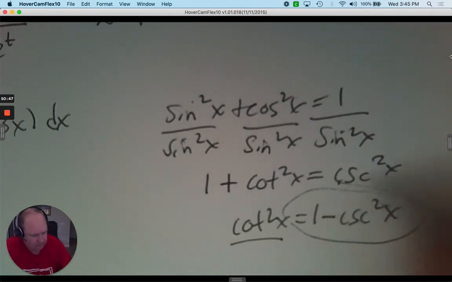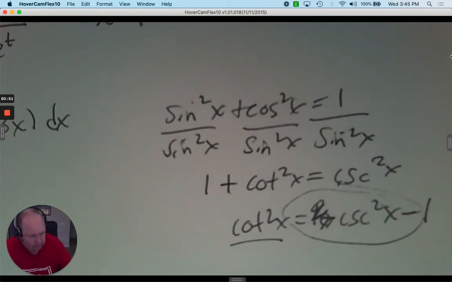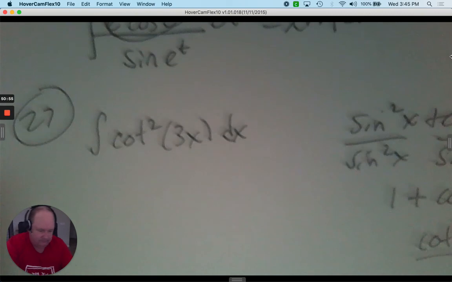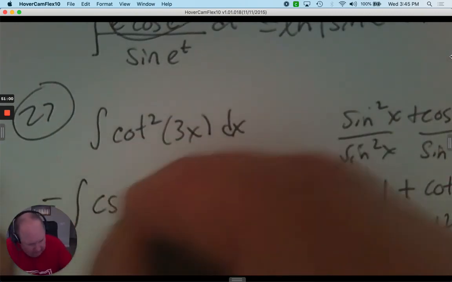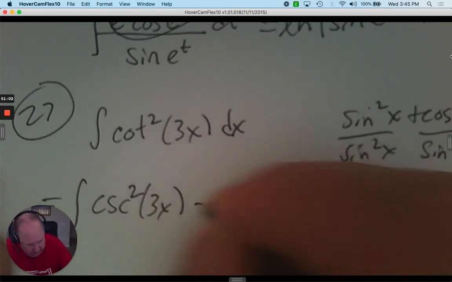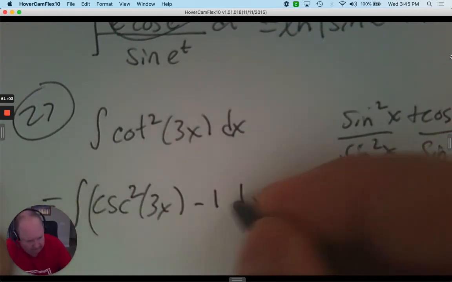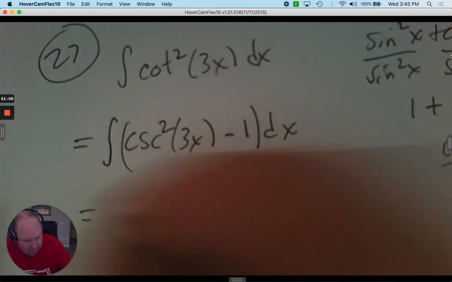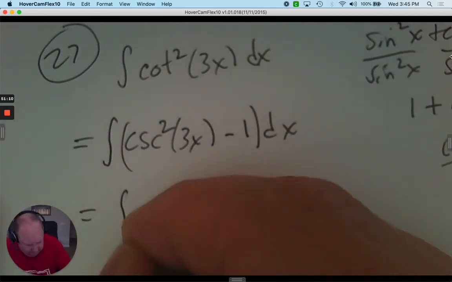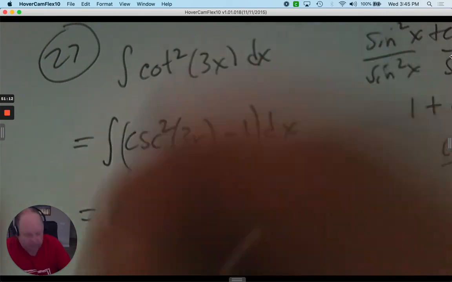Oh, wait a second. It's cosecant squared minus 1. So you subtract 1. So cosecant squared minus 1. All right, let's go back here. So I'm going to write down cosecant squared minus 1. Those are the same. Now, I have a rule for cosecant. So first of all, the hook for 3x is 3.